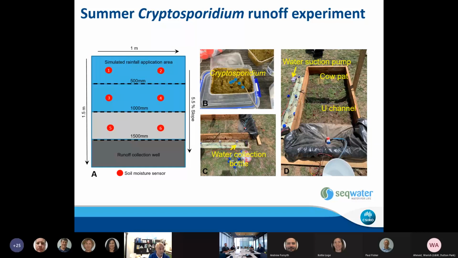Then we applied about 108 mm of rainfall, and the slope of the plot was 5.5. We regularly took samples along the flow path at these 6 stations. The way we collected those samples was we installed 3 U channels to suck water with a suction pump into our bottles. One was aligned at 500 mm, the other at 1000, and the third at 1.5 meter. Next slide, please.